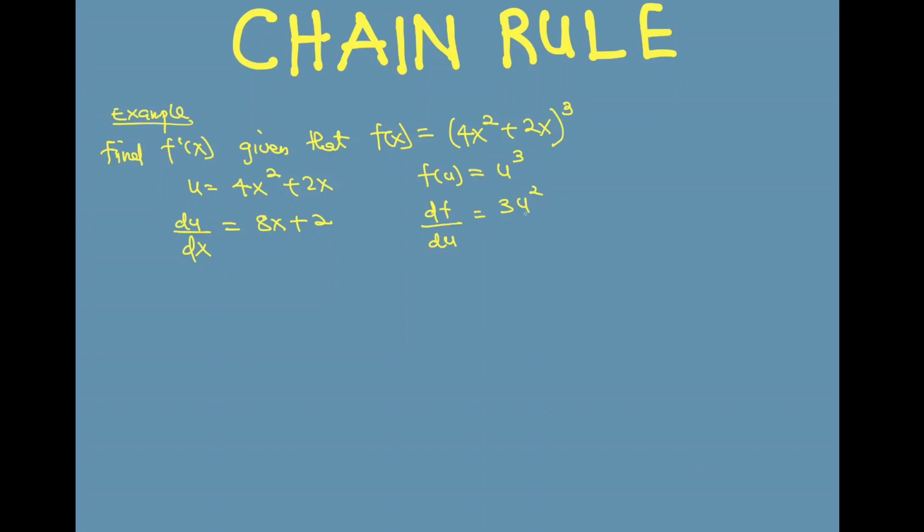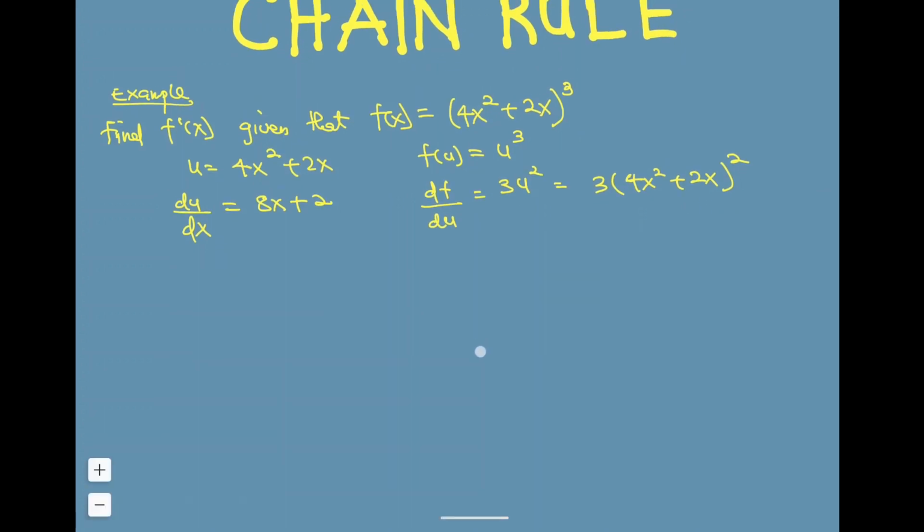But we know u equals 4x squared plus 2x, so the derivative of f with respect to u will be 3 multiplying 4x squared plus 2x all to the second.